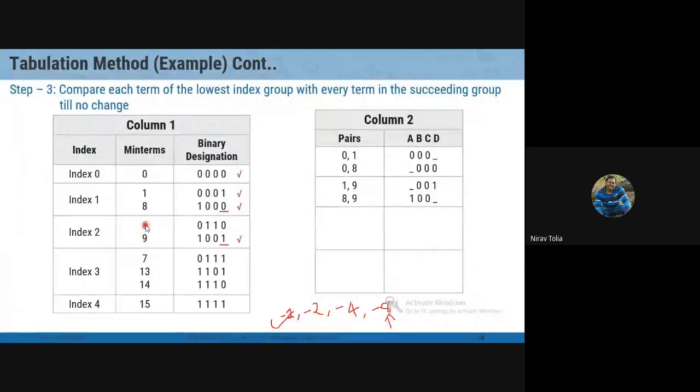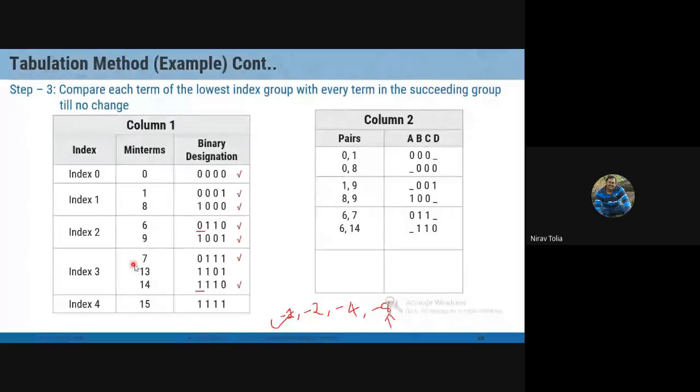Now check 2 with 3. So 6 minus 7, my answer is minus 1, so the pair is possible. 6 minus 13, my answer is minus 7, so the pair is not possible. 6 minus 14, my answer is minus 8, so possible.